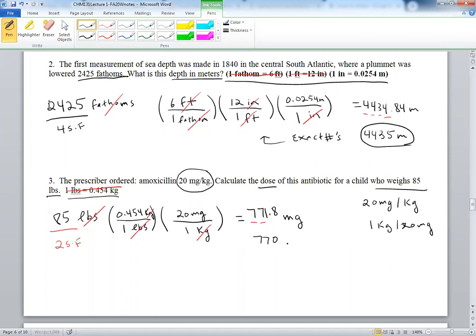So it would be 770. Now, you might have thought that this should have been maybe 77, but I want you to be careful with that because that's a very common mistake. 77 versus 770, these are totally different values. This is 10 times as much. So what do I do when I need to round and then just keep the number of sig figs?